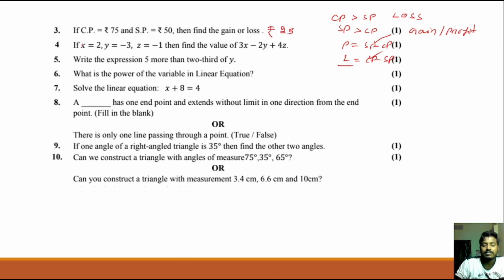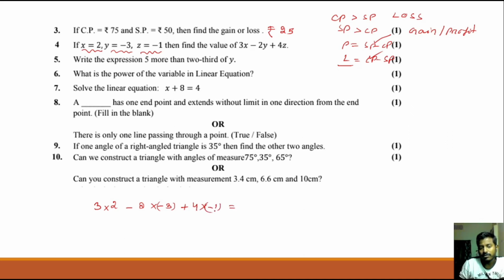Okay, next, if x equal to 2, y equal to minus 3, z equal to minus 1, then find the value. Simply we can put the value. So now put x equal to 2, so put the value 2 minus 2 into, in place of y we put minus 3, then plus 4 into minus 1.